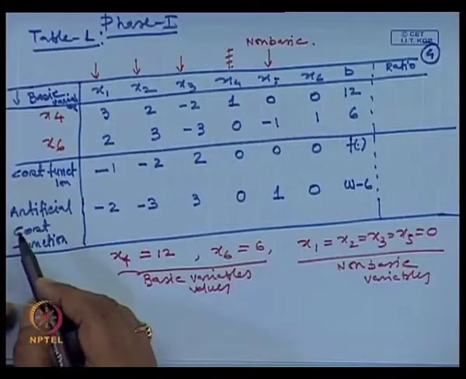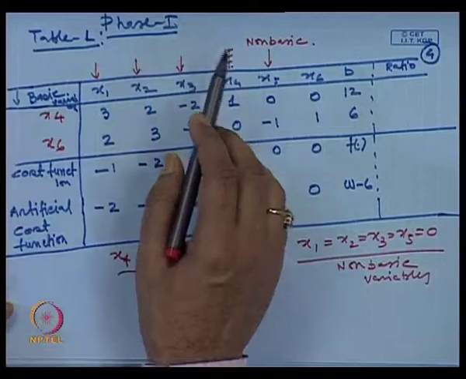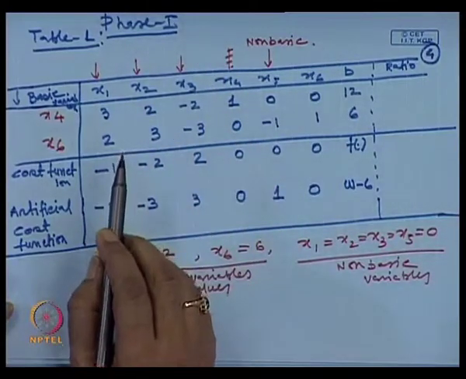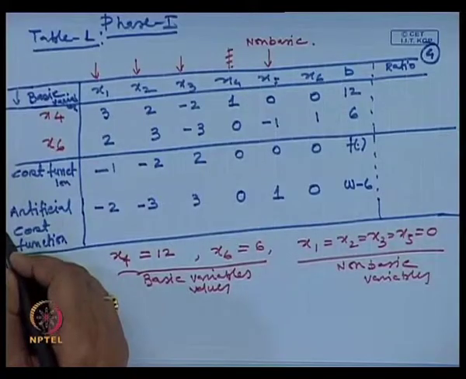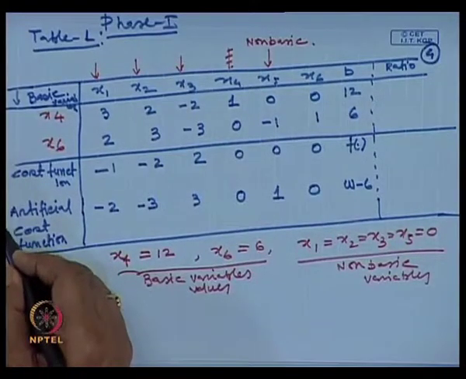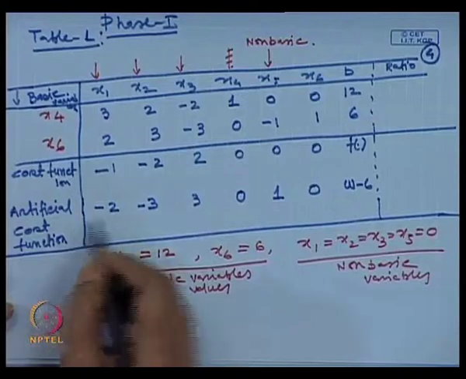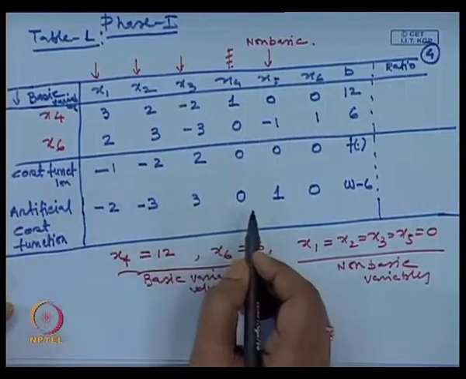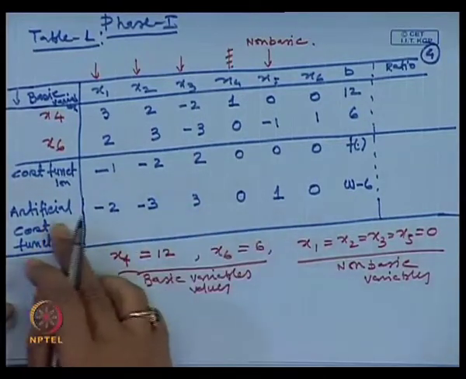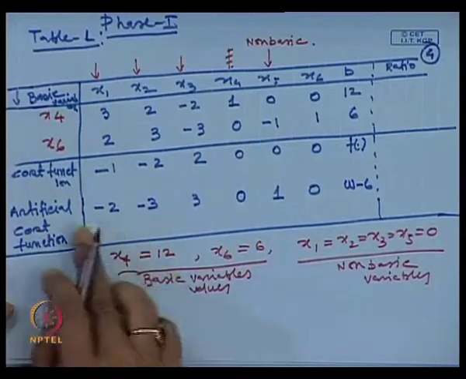Now, in phase 1 we have to optimize the artificial objective function or cost function. So, you have to concentrate only on the reduced coefficients, the objective coefficients of the artificial cost function.